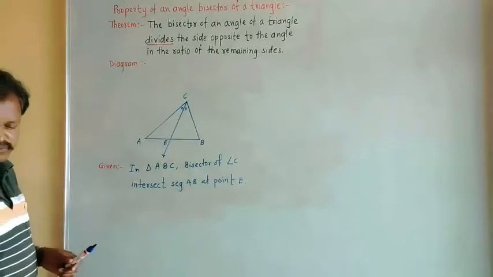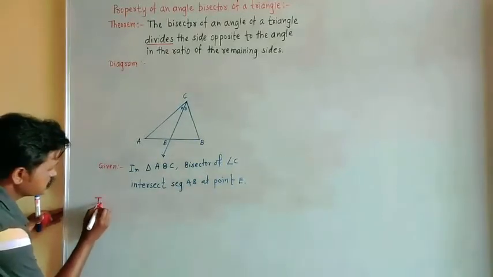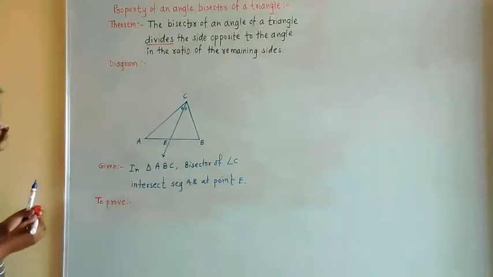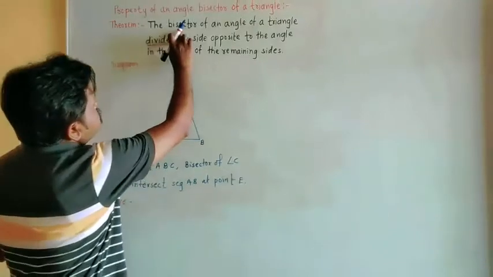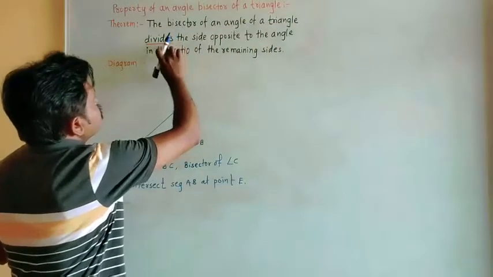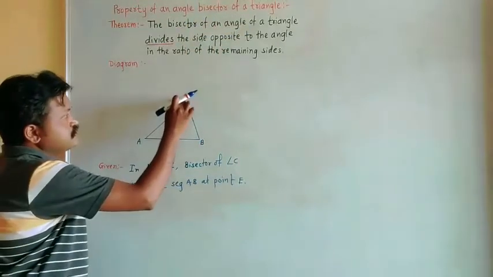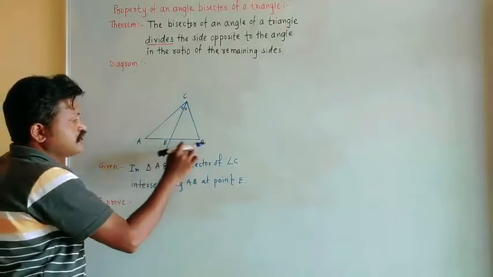Then what do we prove? To prove: the bisector of an angle of a triangle divides the opposite side. Look at angle C, that is the bisector, and the side opposite to C is AB.